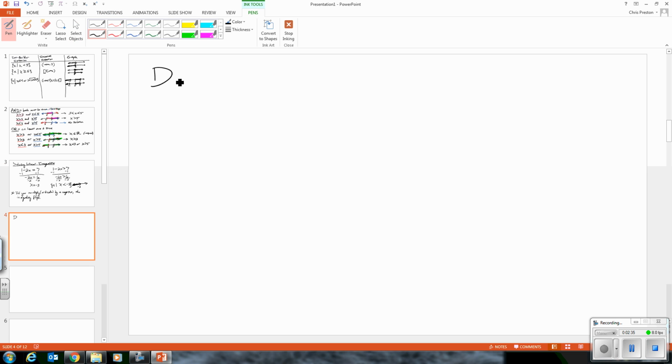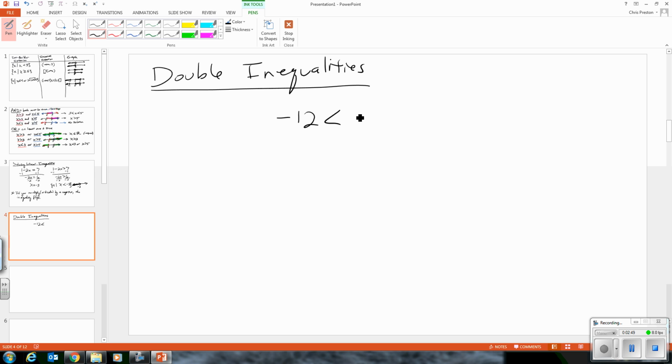Now let's mention double inequalities, because that's something you don't see a lot with equations. This would be something like -12 is less than 1 minus 2x, which is less than or equal to 9.